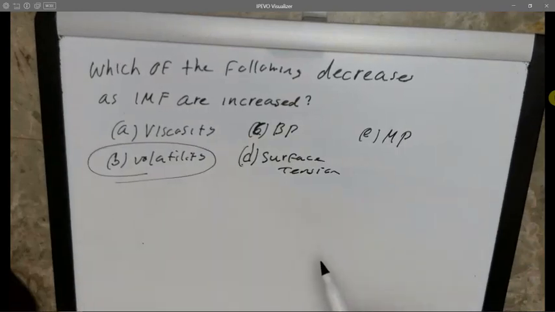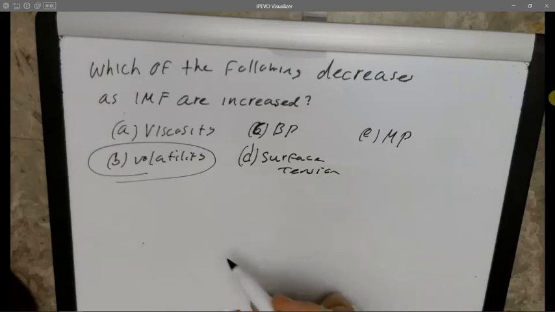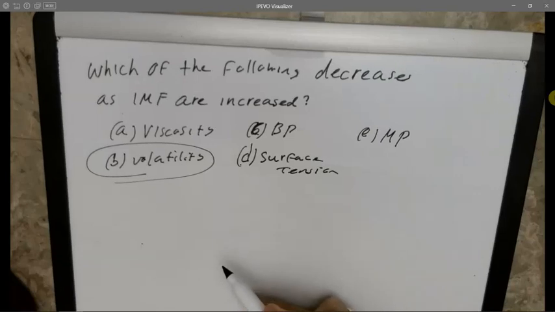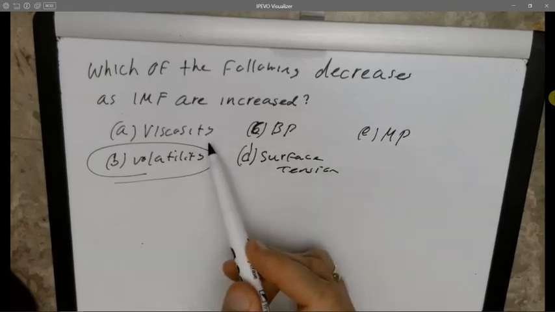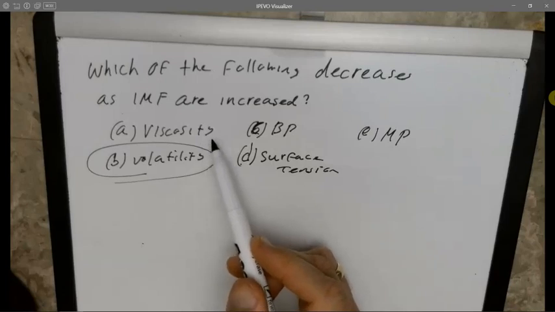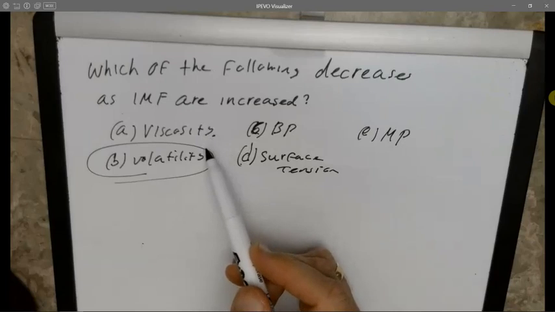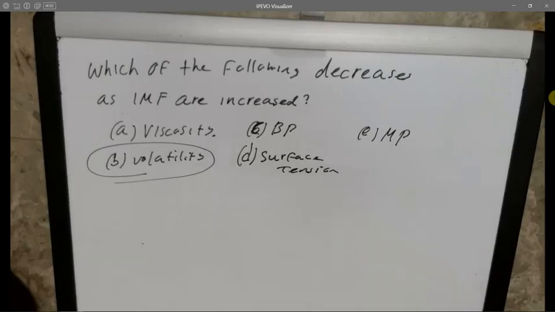Okay, and again, with an increase in intermolecular forces, it looks more like a solid. With a decrease in intermolecular forces, it looks more like a gas. And so you can see this here too. The higher the viscosity, the more it resists flowing, the more it wants to look like a solid. The lower the intermolecular forces, the lower the viscosity, the more it looks like a gas because it wants to flow even more. Surface tension was that pull downwards.